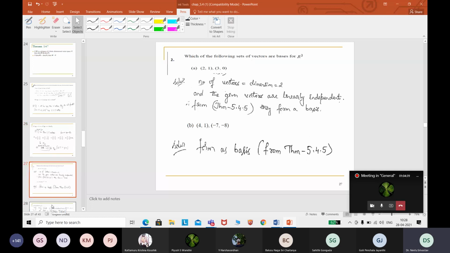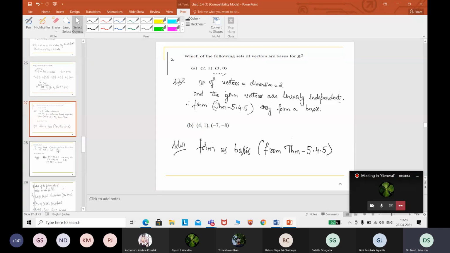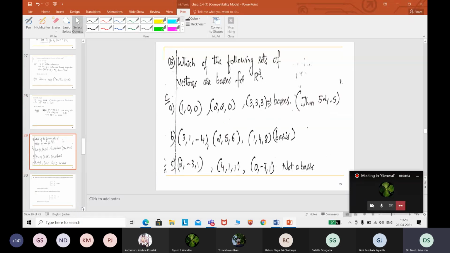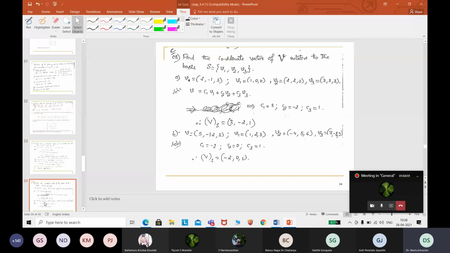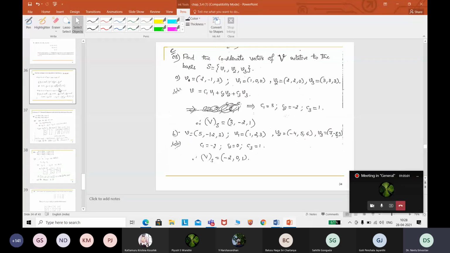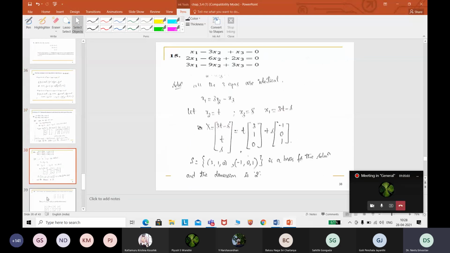And along with that, there are few questions for which solutions are written, and results are also given, why we are taking and which results we are taking to prove that. Go through all these. No other new result, I think. Yeah, so this is all the exercise.